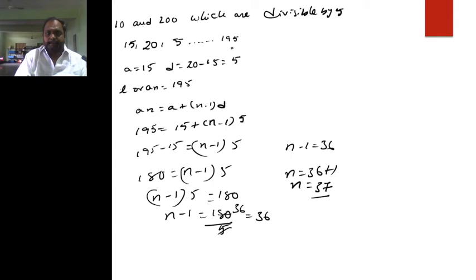In the exercise you have one problem. Ravi got 5,000 rupees salary in the first month, and yearly he got 200 rupees more per month.